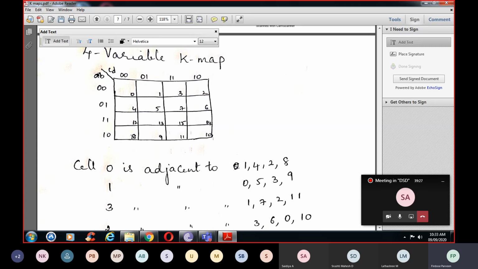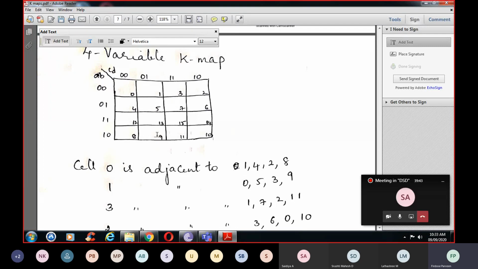So 8 is adjacent to 12, 9, and 0 if I roll it horizontally. If I roll it vertically, it is 10. So cell 8 is adjacent to 12, 9, 0, and 10.